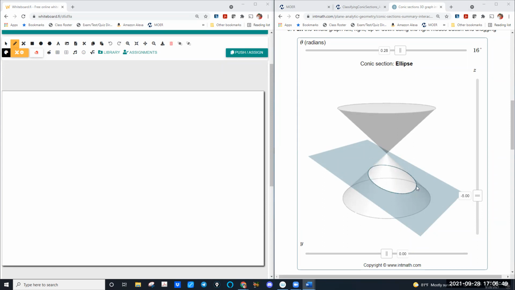So one major use of an ellipse that was discovered well after the ellipse was discovered is that the planets tend to move in elliptical orbits around the sun. All right. So that was really interesting because if you look historically, remember, there was a time when the thought was the sun revolved around the Earth.